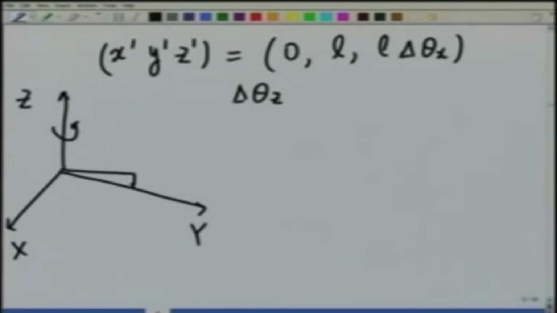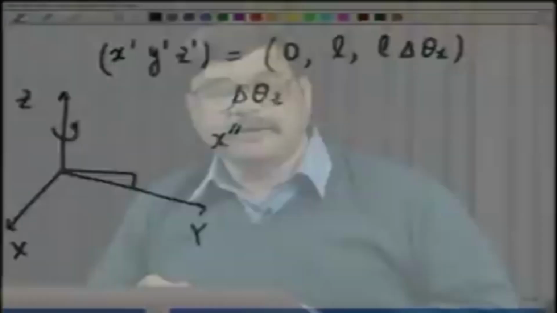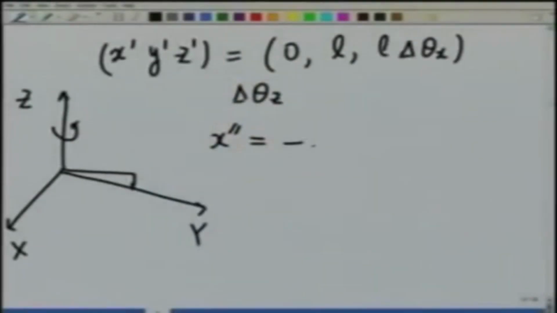When that happens, you can see that x double prime, which is after the second rotation, is going to come from this projection going back by angle delta theta z. So, this is going to be minus L sine of delta theta z, which is roughly equal to minus L delta theta z.